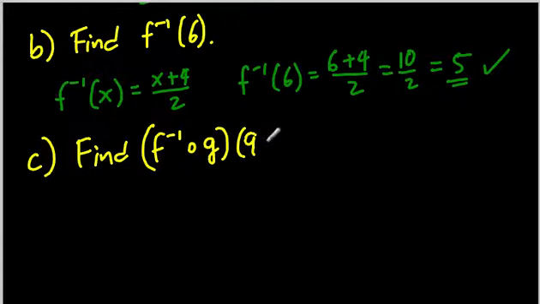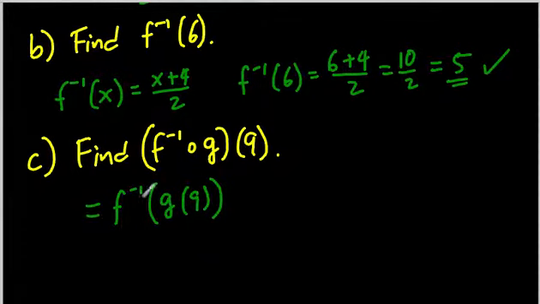Even though we haven't seen how to do this with f inverse, we can do this using the principles we've already understood from composition of functions. So in order to do this, we have to first rewrite what this means in proper notation. f inverse goes on the outside, open bracket, then I put g, and then open bracket, and then I put 9 over here.